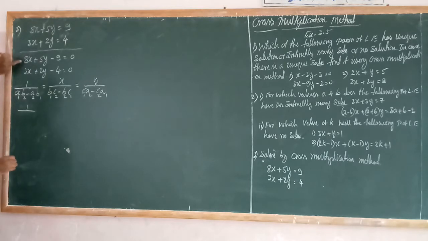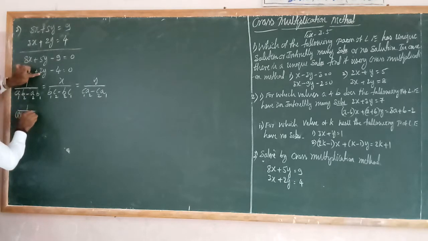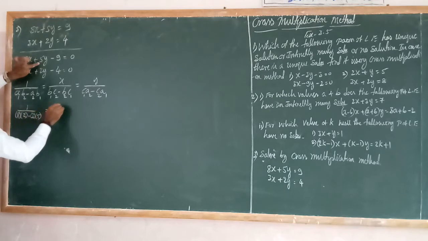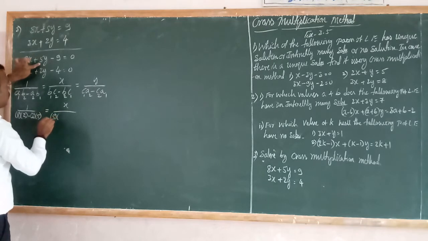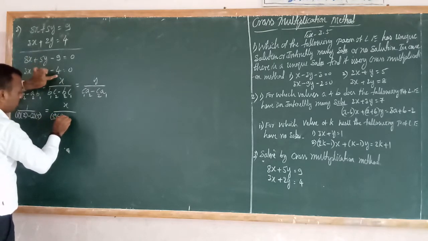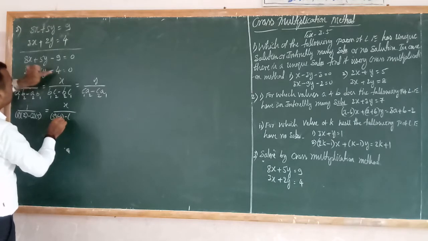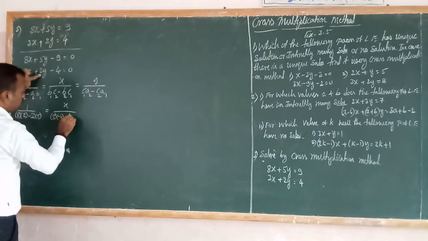What is A1 here? Consider this equation. A1 means 8, into B2, which is 2, minus A2, which is 3, into B1, which is 5, is equal to x upon B1, which is 5, into C2, which is minus 4, minus B2, which is 2, into C1, which is minus 9.